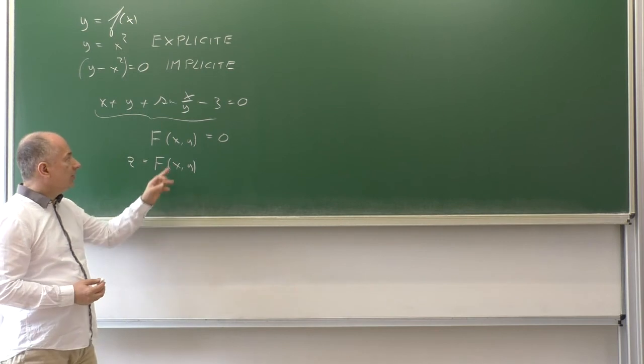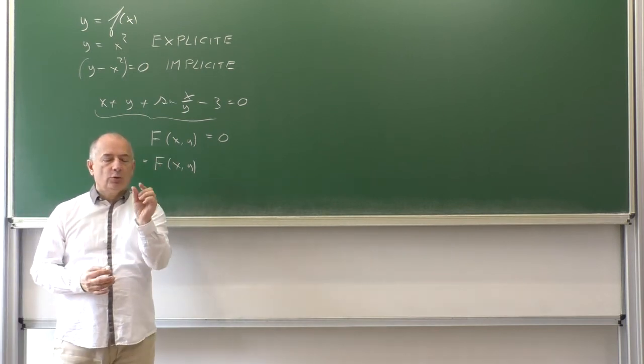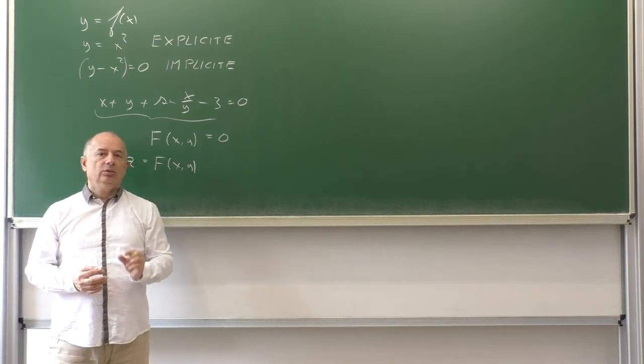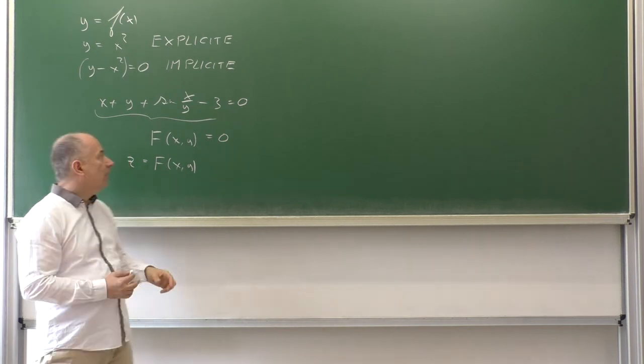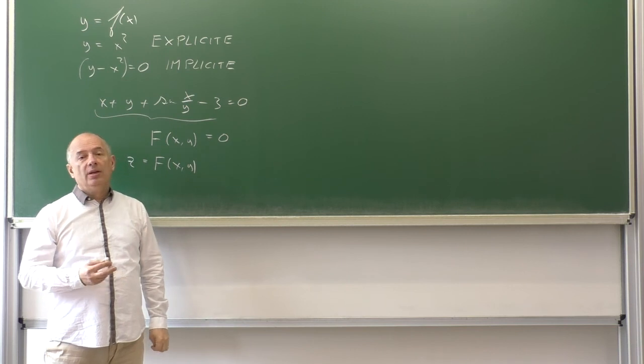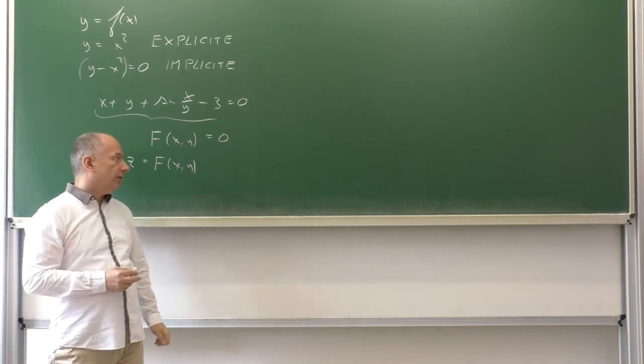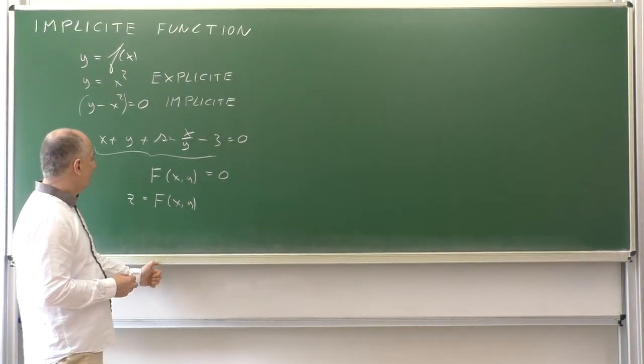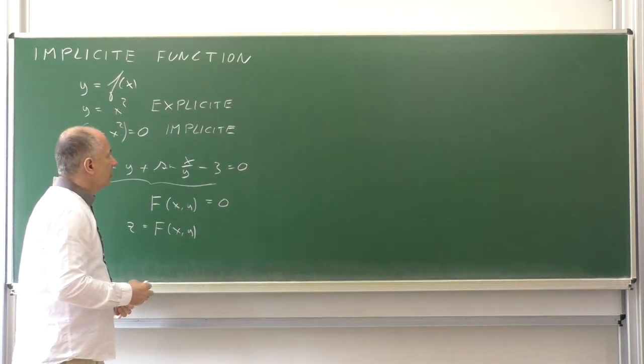And the question is whether we can look at a small piece of this contour line as a graph of some function, y is a function of x. Sometimes we can, sometimes we cannot. So the definition goes this way.